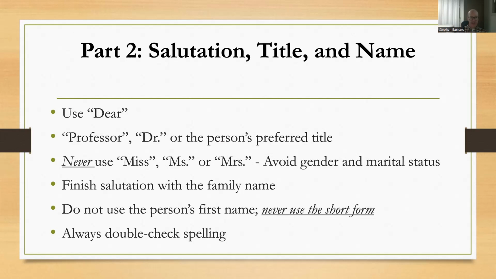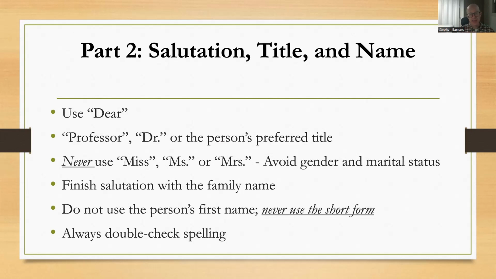It's a very good idea if you're sending an email to a female professor to never use Miss, Ms., or Mrs. Avoid gender and marital status if possible, especially the marital status, because Miss means unmarried, Mrs. means married, Ms. is sort of neutral, but in a professional capacity, when you are sending an email to a professor, it's better to say doctor or professor, depending on how your professor wants to be addressed.